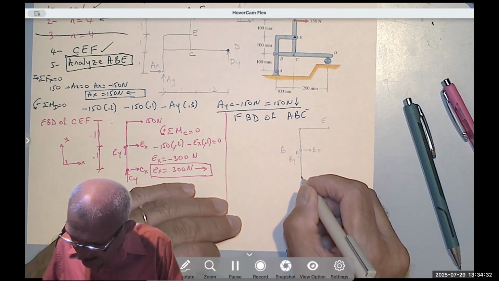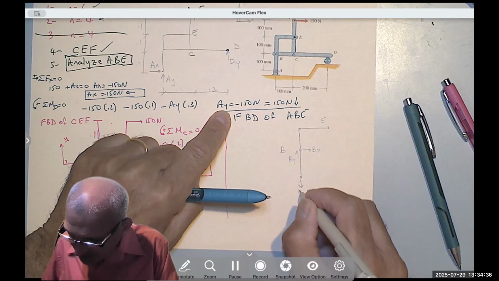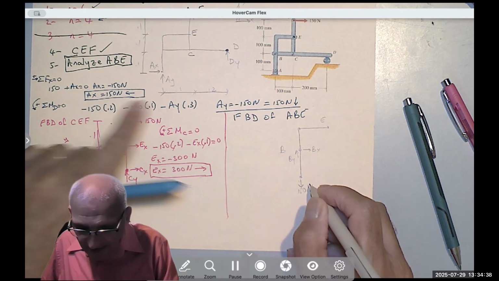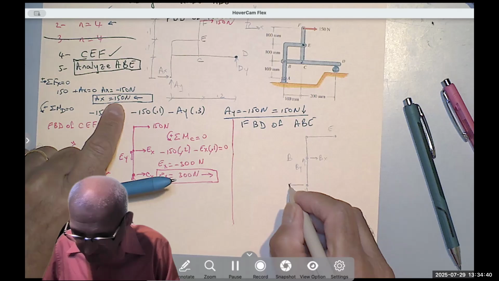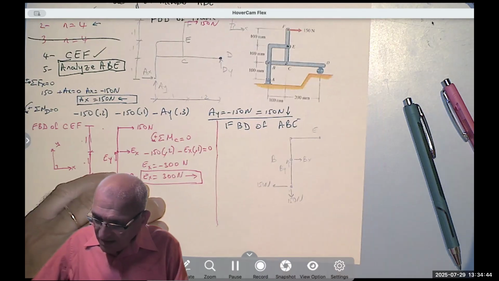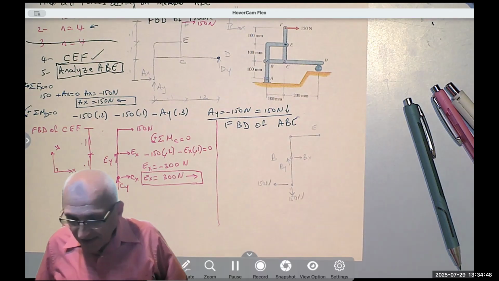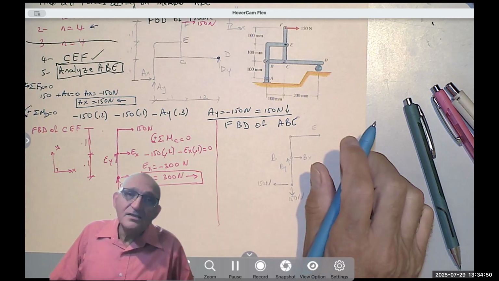And at A, I already found AY is going down 150 and AX is going to the left 150. Now EX and EY. I already found EX.